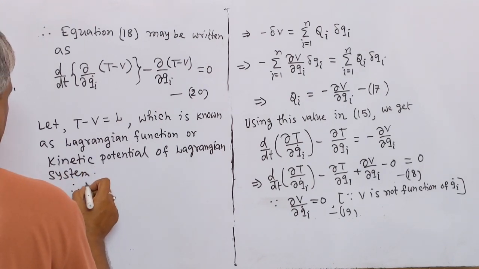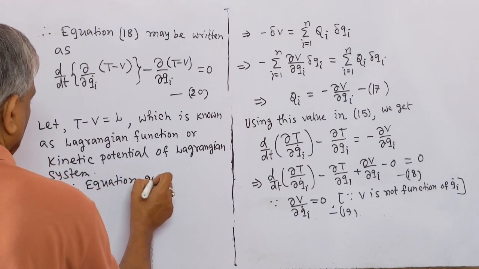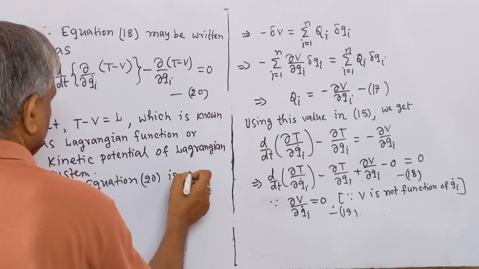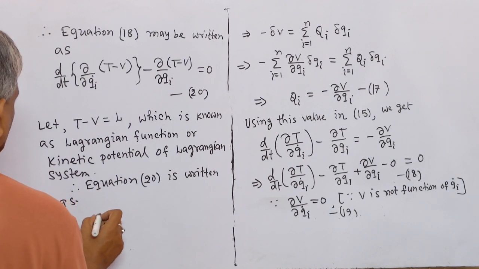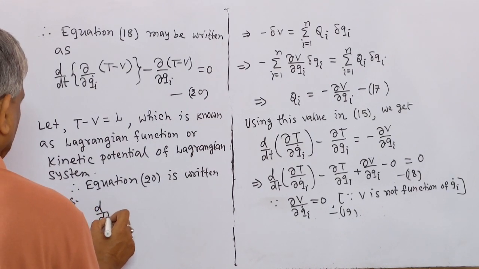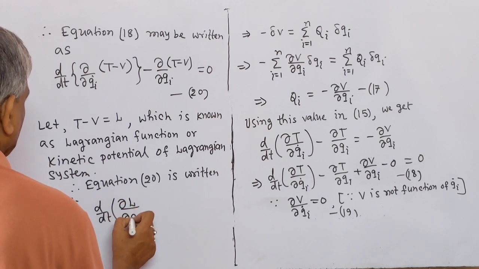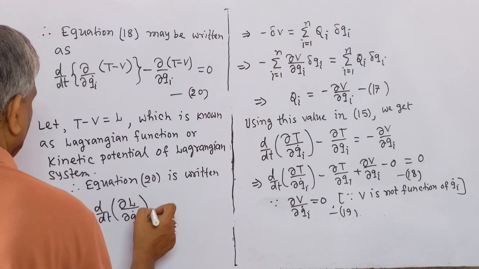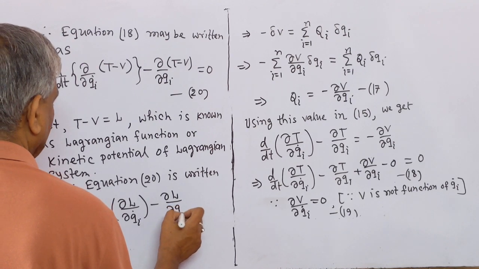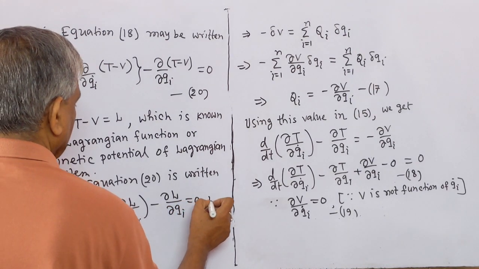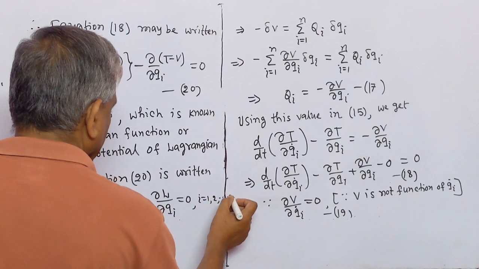Therefore, equation 20 is written as d by dt partial derivative of L with respect to qi dot minus partial derivative of L with respect to qi equal to 0, i equal to 1, 2, ..., n.